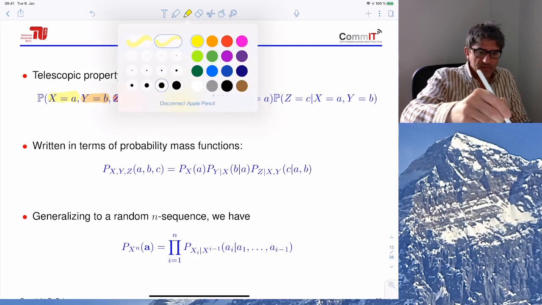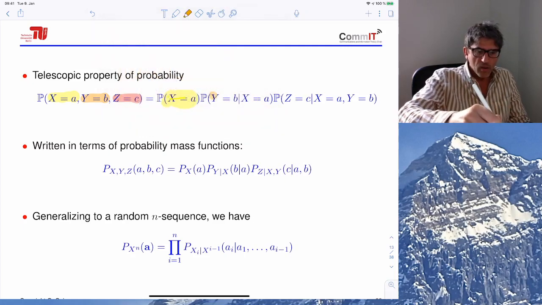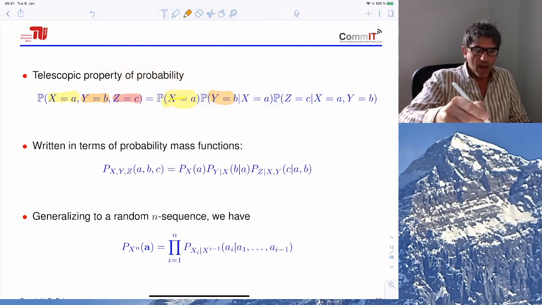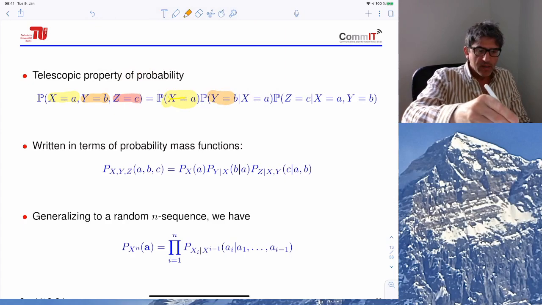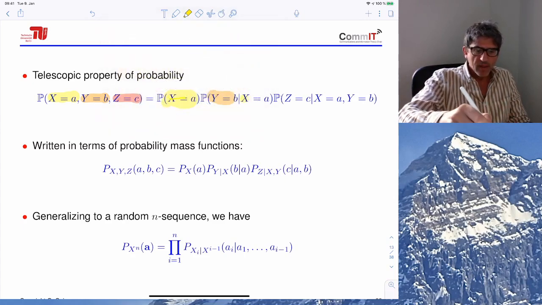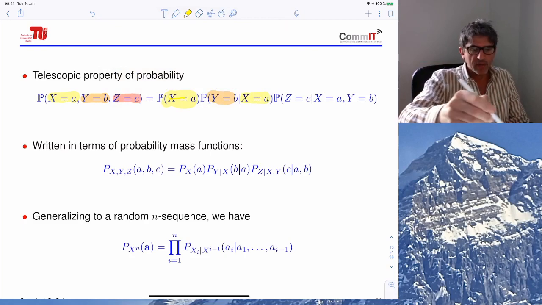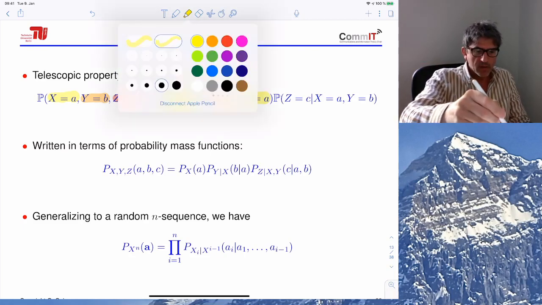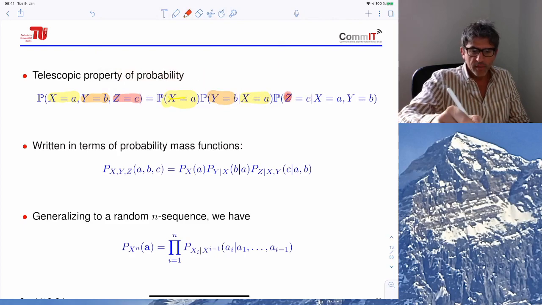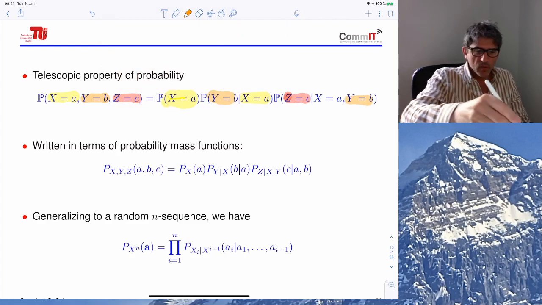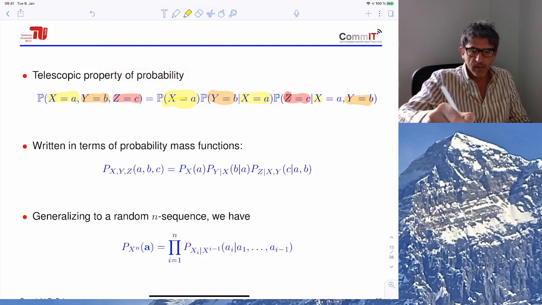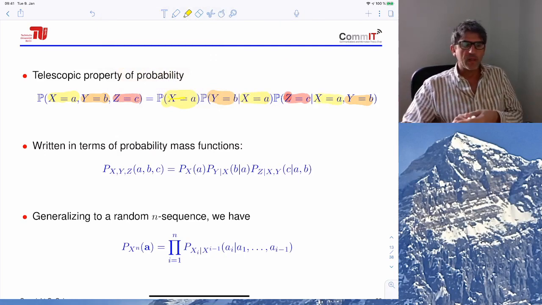Then the second event is the probability of y equal to b given x equal to a. So the second given the first. Then we go to the third, times the probability of the third given whatever comes before. Okay, this is called the telescopic property of probability.